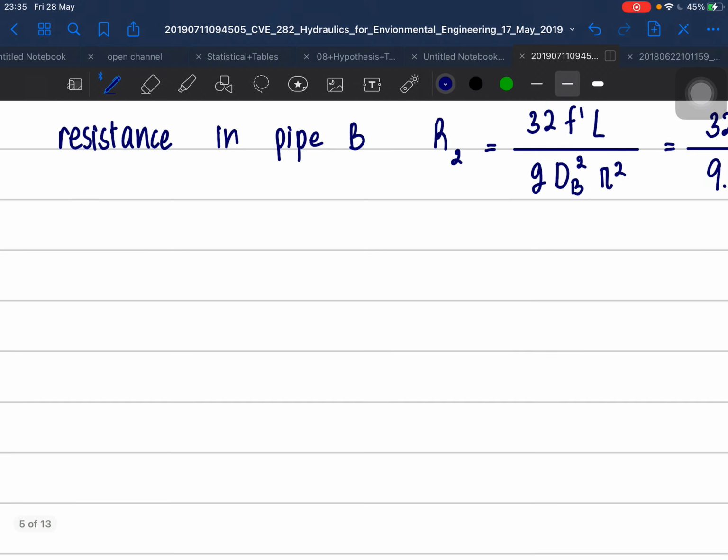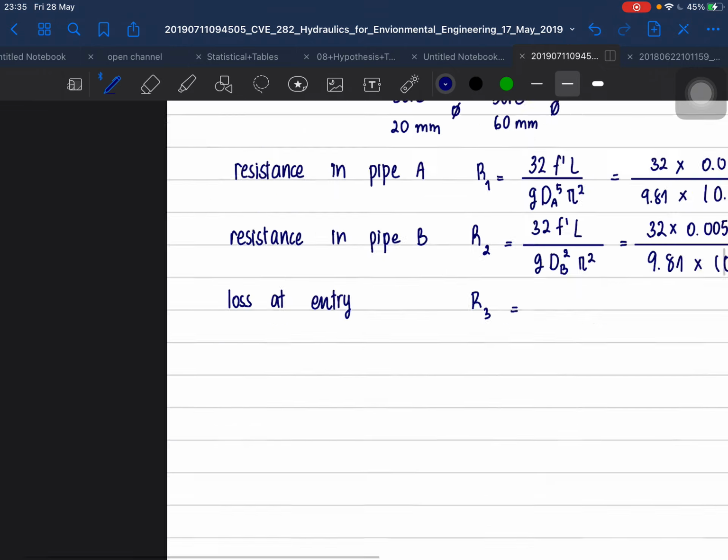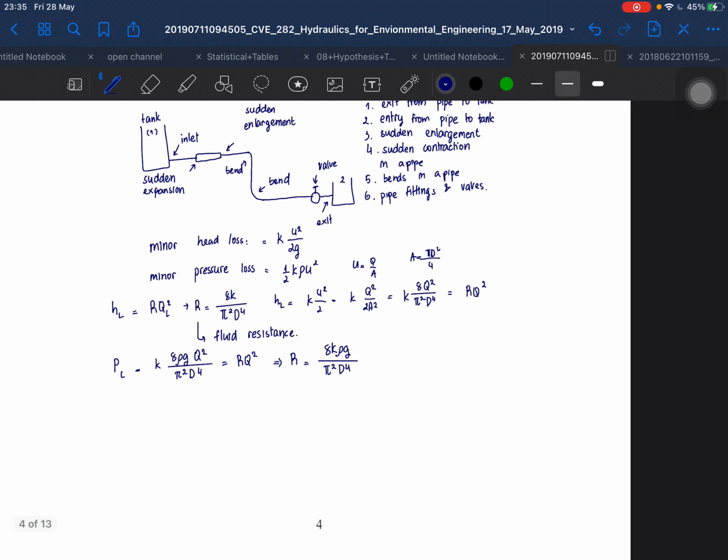Okay, so now let's move on to the third one. It's the last, entry. Can you remember which formula we are going to use? Okay, good. That's right. Very good. I forgot my own formula.